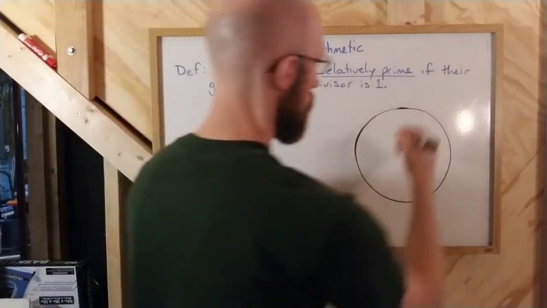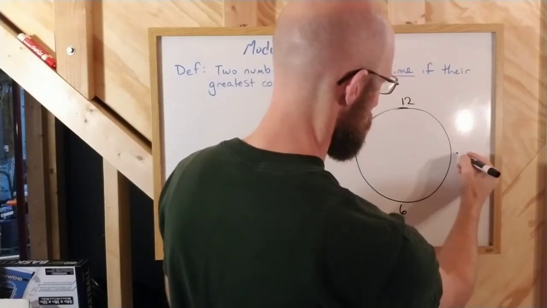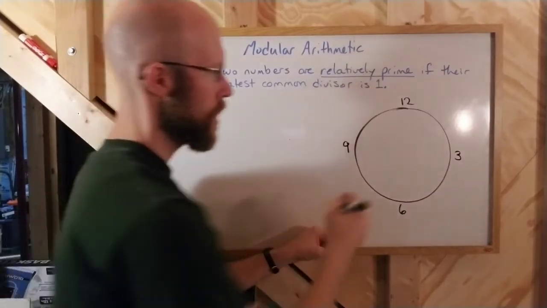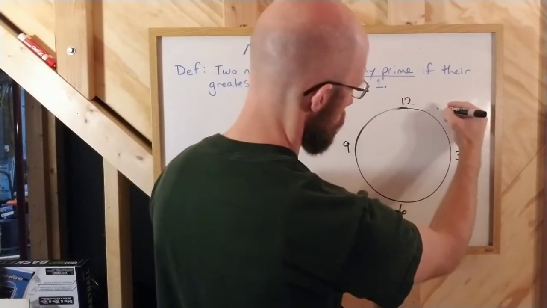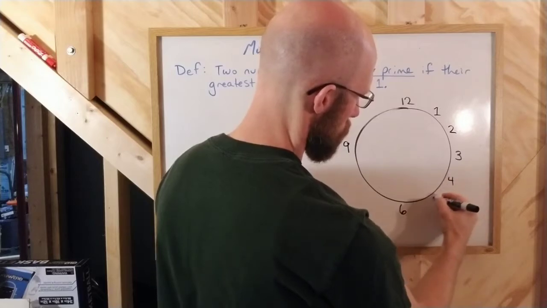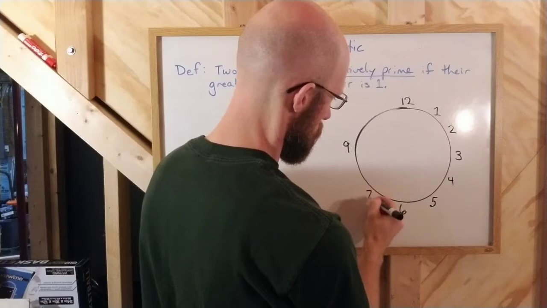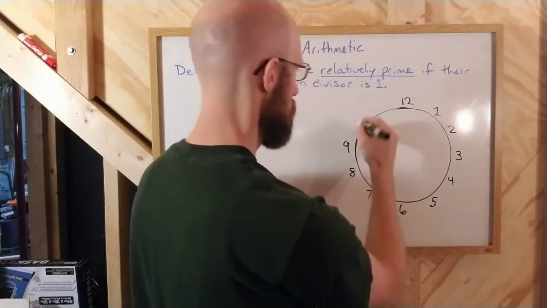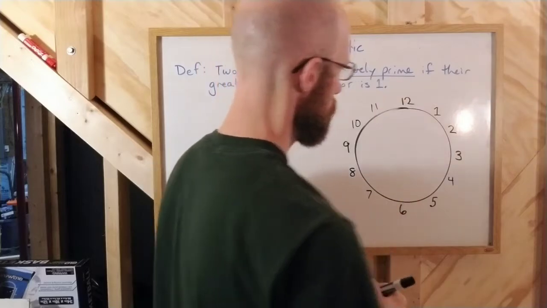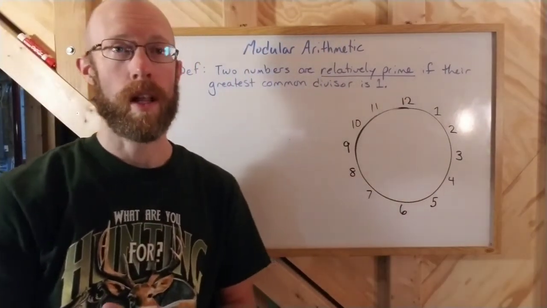So you have 12 on top, 6 on the bottom, 3 and 9 on the right and left, and in between you have 1, 2, then 4 and 5, then 7 and 8, and then 10 and 11. Okay, so this would be our 12-hour clock.